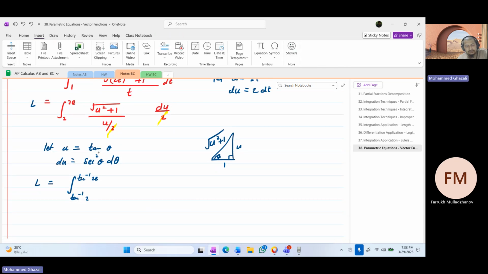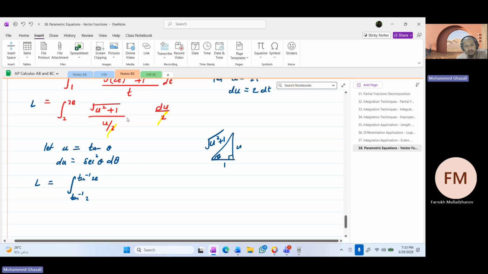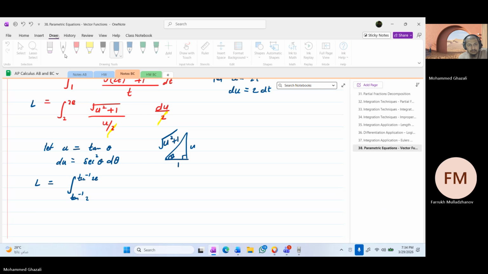u is tan theta. What is the square root of u squared plus 1 over u? If you're looking at this, you can clearly see it's already in the triangle. So what is this entire part here?